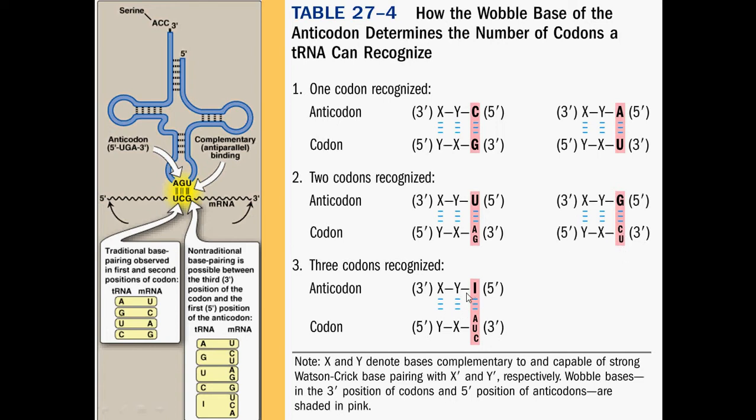And there's inosine also, a deaminated nucleotide that can bind to A, U, or C. So the third nucleotide in the codon and the anticodon can be changed. There's some variability.